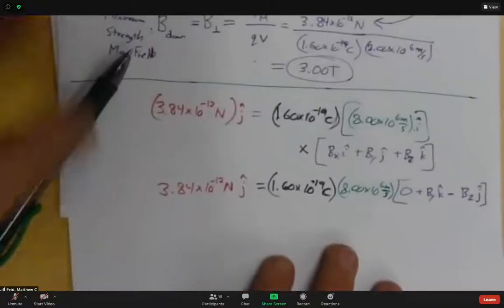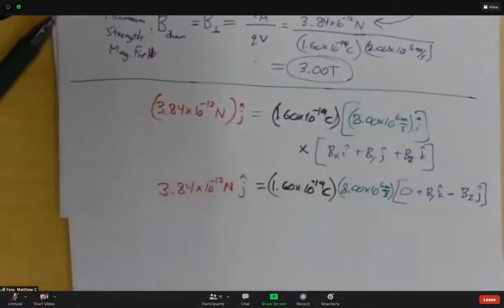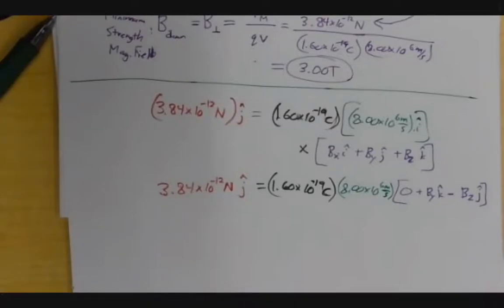So what do we conclude? The only way two vectors can be equal is if each component is equal. What do I conclude about By? It's 0. There's no k hat on the left, so there's no k hat on the right, so this coefficient is 0. And what do I learn about Bz?